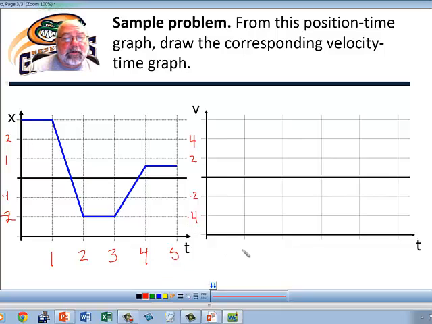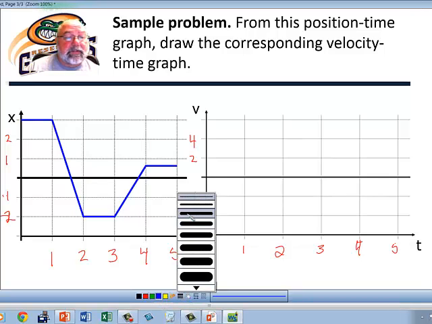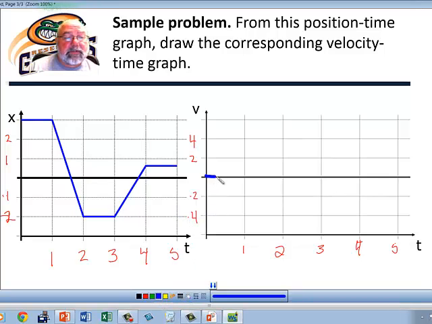Again, the times are going to be intervals 1, 2, 3, 4, and 5. We can see from our position graph that we have a slope of 0, which tells us that our velocity is going to be 0. Make this a little bit bolder so we can see it. So from 0 to 1 second, our velocity is 0.